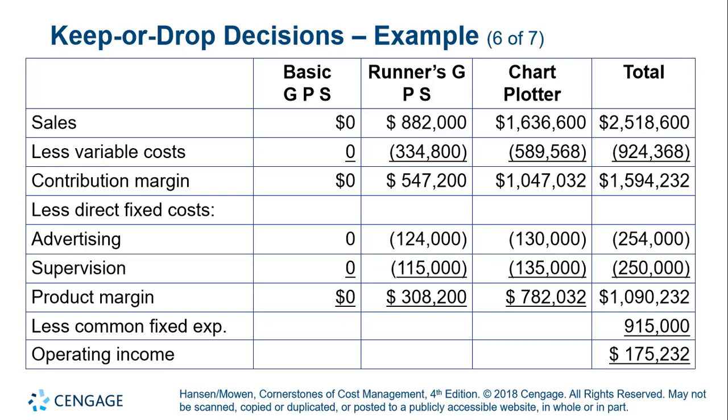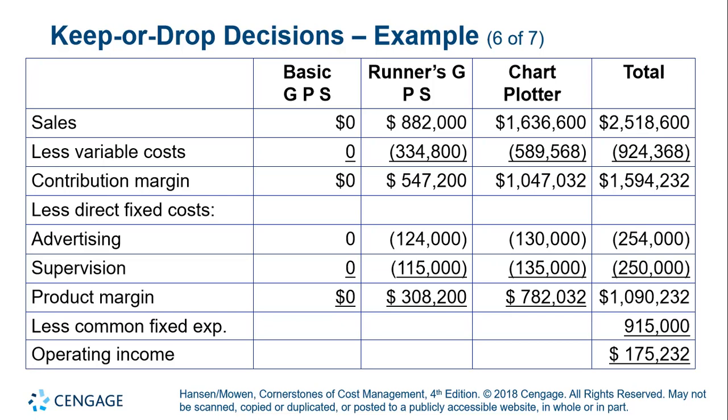So from the amounts as stated as contribution margin, we have to deduct the direct fixed cost. We have the advertising, supervision, and product margin, which are still kept in connection. However, the effect on the sales revenue is on the runners and on the chart plotter.